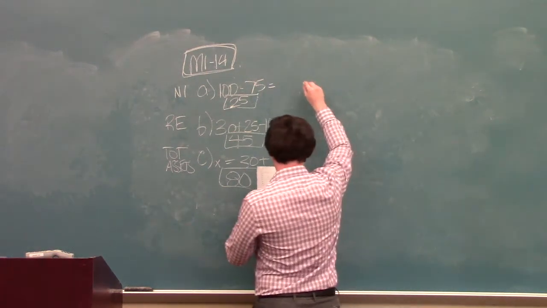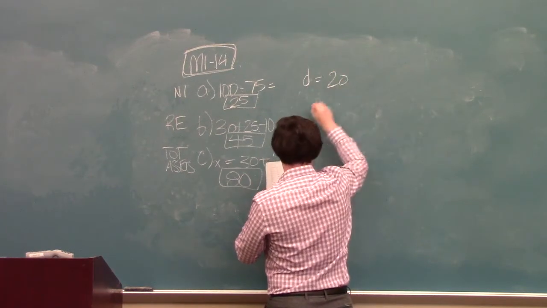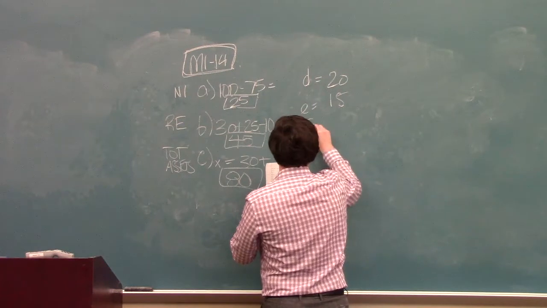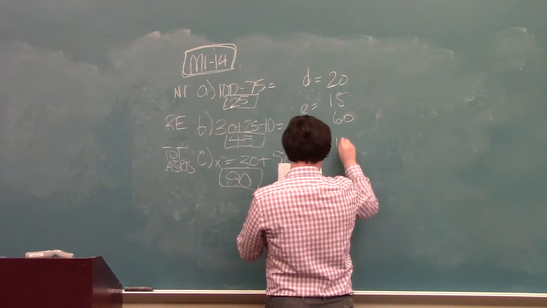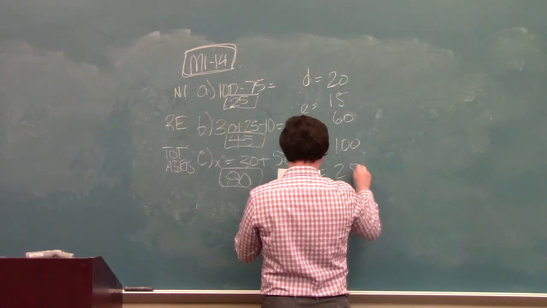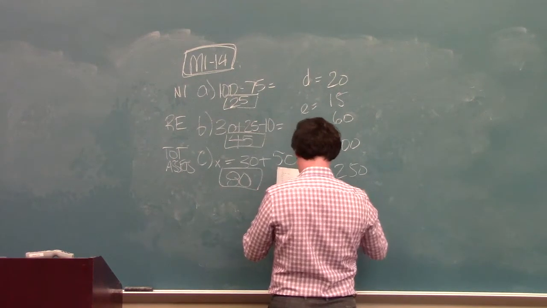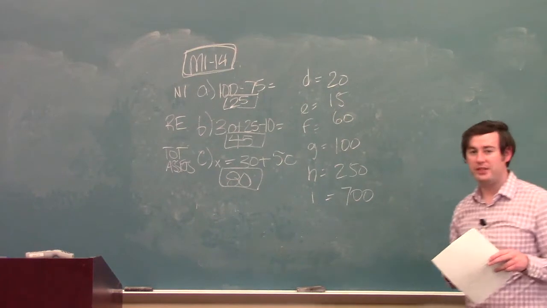Your check figures are D equals 20, E equals 15, F equals 60, G equals 100, H equals 250, and I equals 700. Let me know if you have questions.